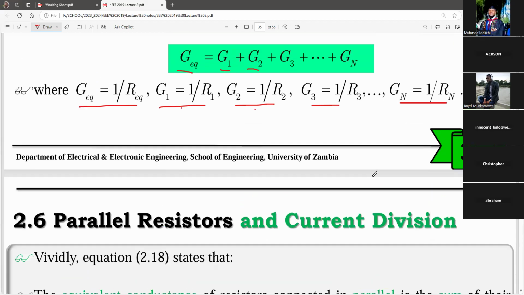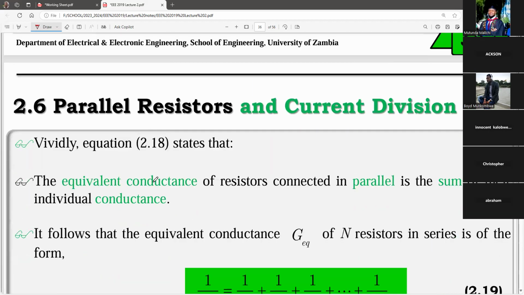Okay, so from 2.18, what we get is that the equivalent conductance of resistors connected in parallel is the sum of their individual conductances. So just add the conductance of each and every resistor connected in parallel.